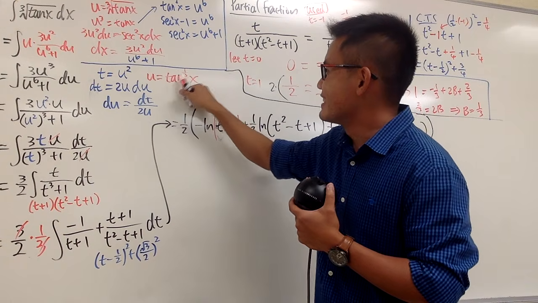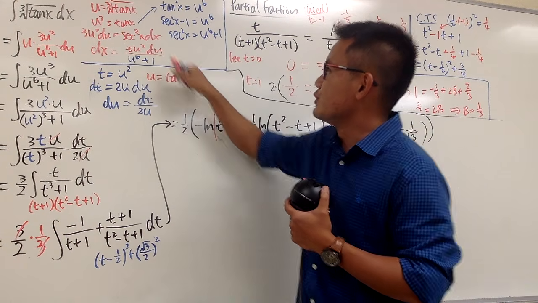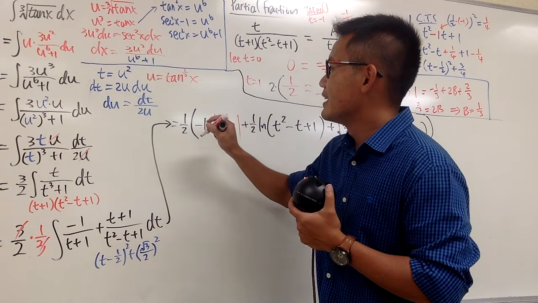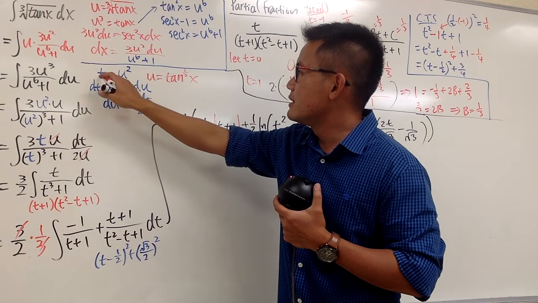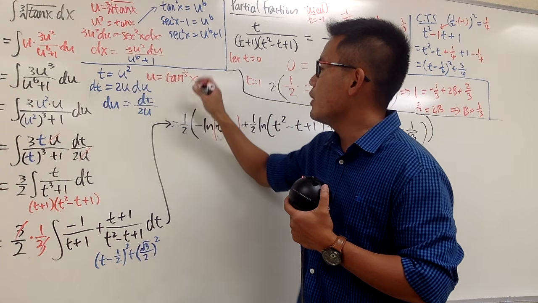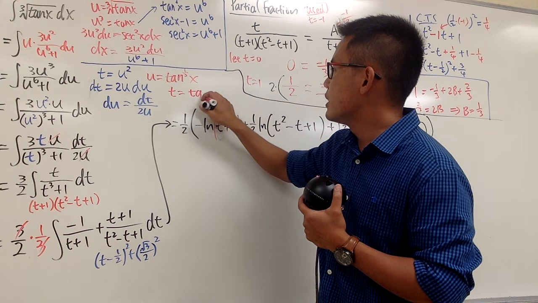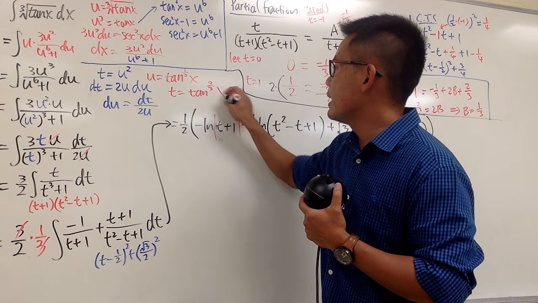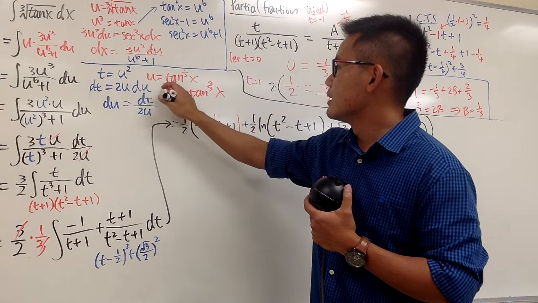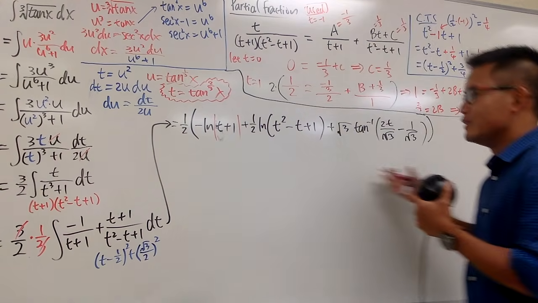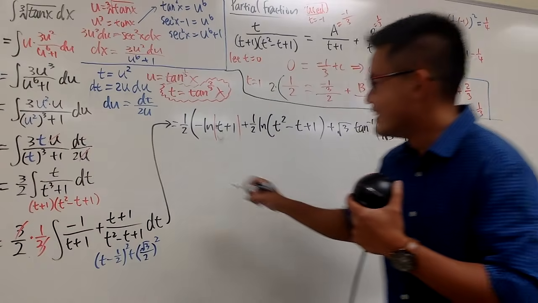So this means tangent to the 1/3 power x, which is the same as the cube root of tangent x. And because t is equal to u squared, if you square, t is equal to tangent to the 2/3 power x, right? So this is the little thing I'm going to use, so that way we can finish that.